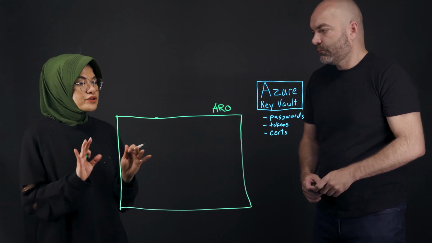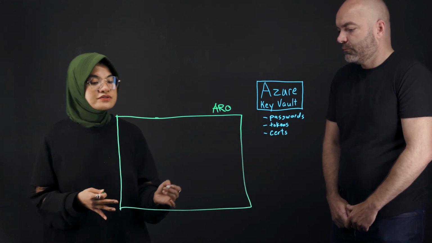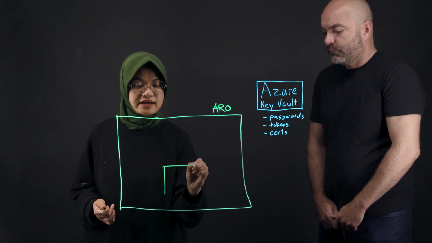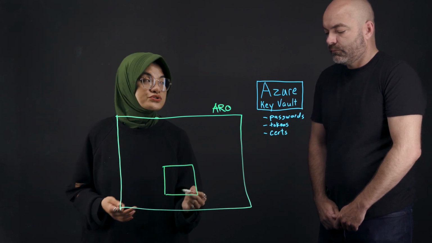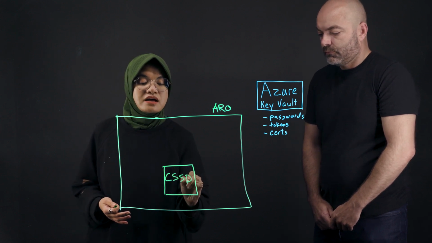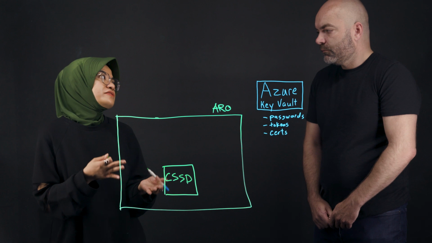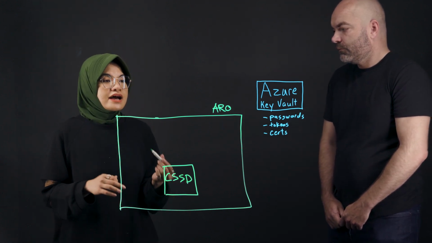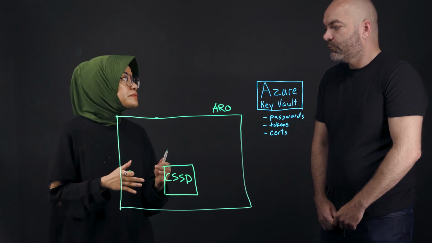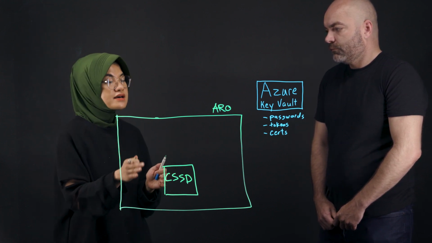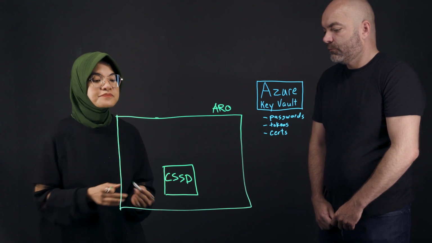Now, first and foremost, what you need in your ARO cluster is to install two daemon sets. The first is what we call the CSI Secret Store Driver, which I'll abbreviate as CSSD. This driver allows us to mount your secrets as a tmpfs volume into your pod via CSI, or Container Storage Interface.